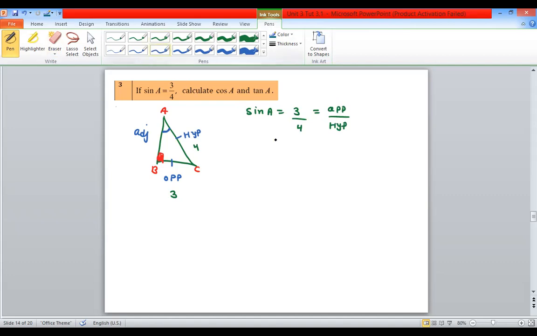I need the cos A. Cos A's formula means adjacent upon hypotenuse. I want the adjacent first of all. So by the Pythagoras theorem, I am finding the remaining length.